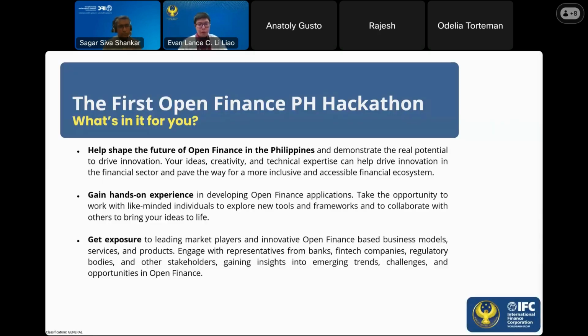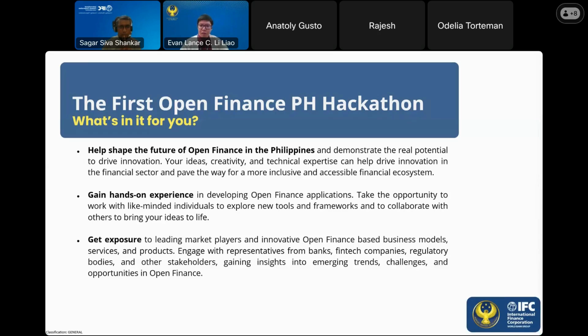So we think that for industry participants, joining this event can help you demonstrate you and your institution's technical capabilities and readiness in terms of driving the open finance ecosystem in the Philippines. So we expect your proof of concepts would help inform not only us as industry regulators, but also other market participants on the possibilities and the potential that open finance brings.